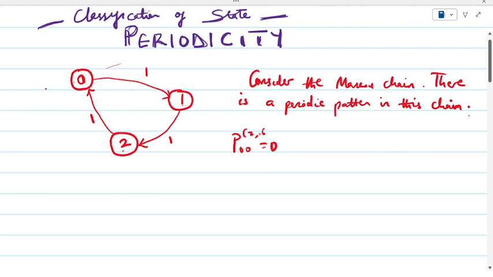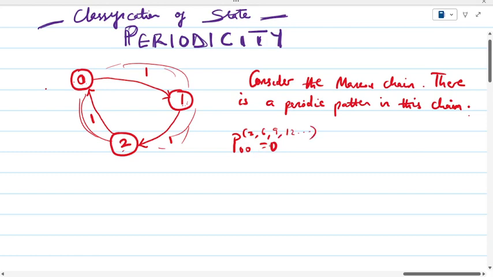Over 6 steps, that is 1, 2, 3, 4, 5, 6, it still goes back to 0. Over 9 steps again, it's still not 0, and over 12 steps as well.